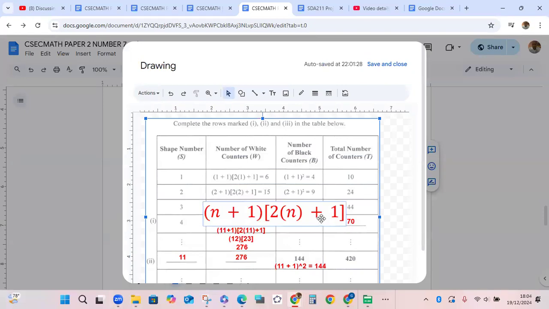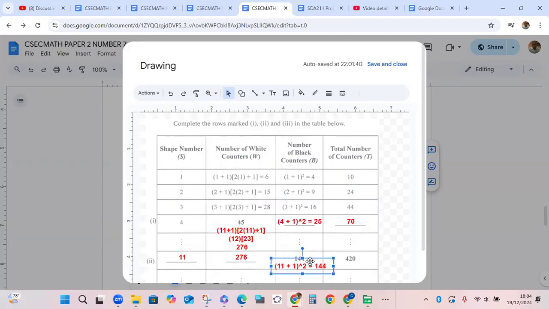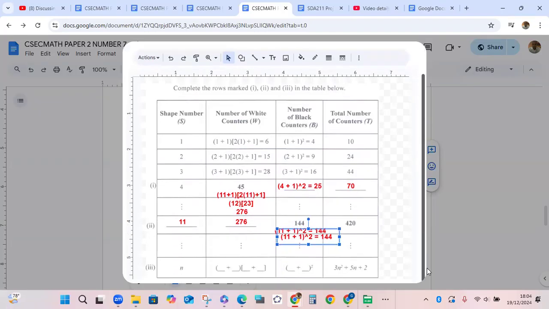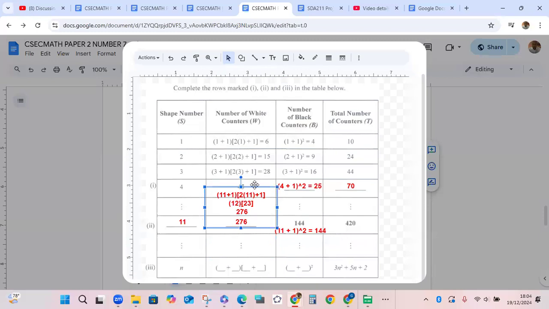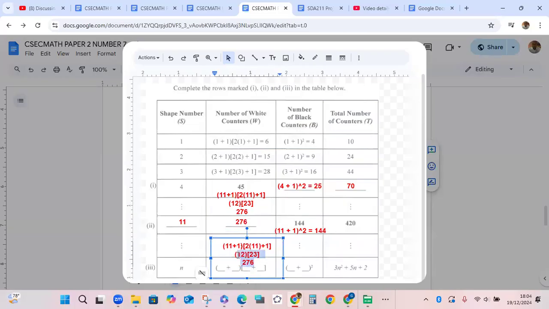I don't need to put that as an image there. I can basically type this in, because it's quite simple to type in here. So that's N plus 1, or I can use this template right there, and delete this.